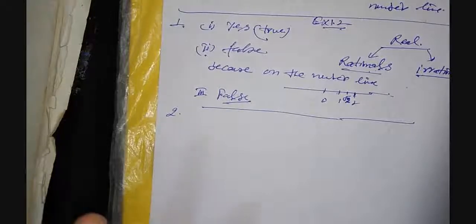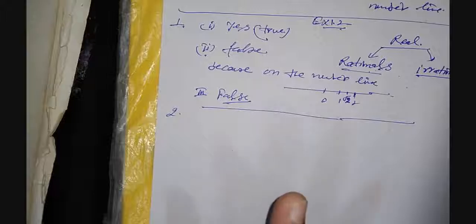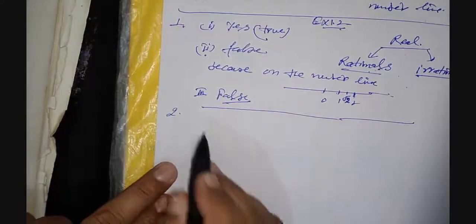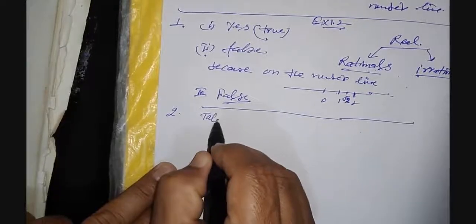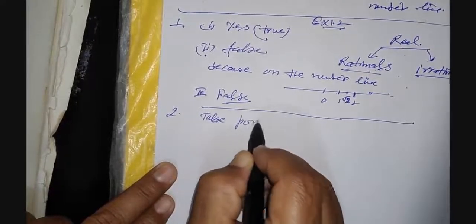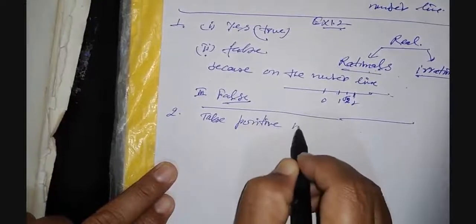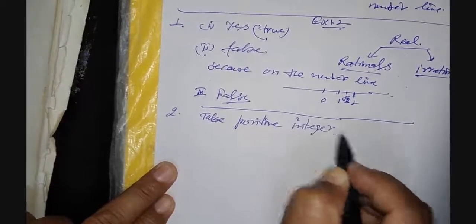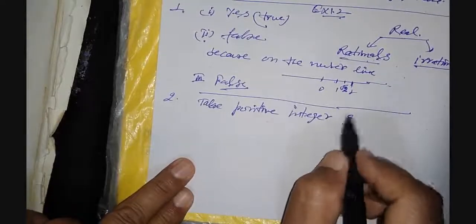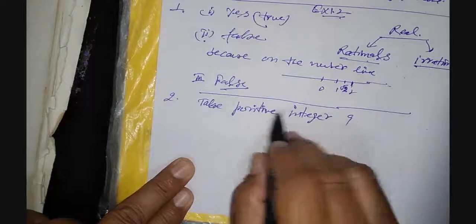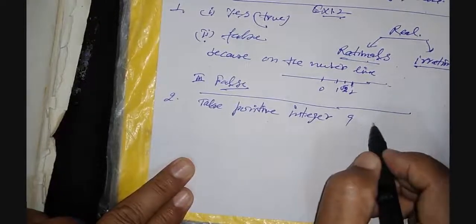Now come to question number 2. Are the square roots of all positive integers irrational? A positive integer can be taken, take the positive integer as 9.